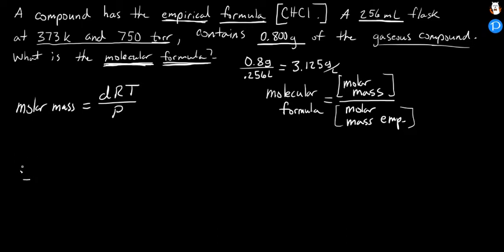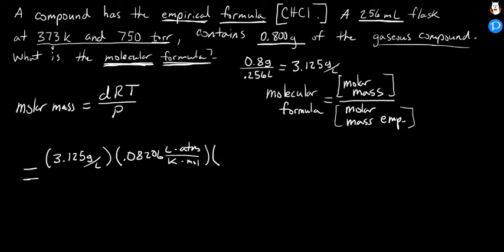So molar mass equals density, which is 3.125 grams per liter, times our gas constant, which is 0.08206 liters times atmospheres over K times moles, times our temperature, which is already in Kelvin for us, so I don't have to do any conversions there, 373 K, all over our pressure.